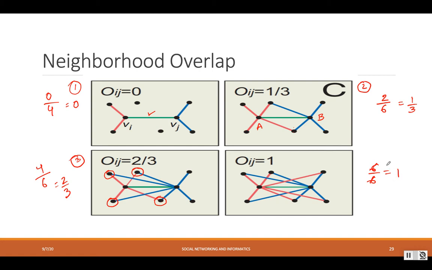Now this idea of neighborhood overlap also tells us a measure of how strong the edge is. The strength of an edge we can also measure by calculating the common neighbors between them, which is known as neighborhood overlap.